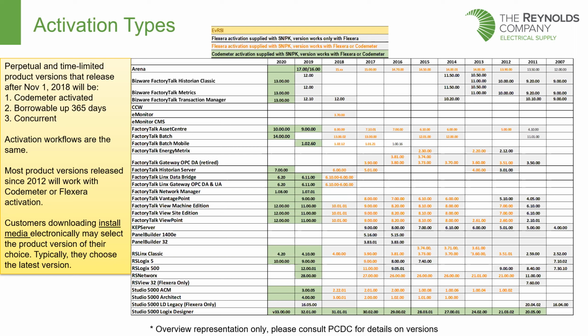So if you are kind of stuck in an in-between, with some items having legacy and some items being newer, you can potentially still use the Flexera licensing on either your activation server or solo activation on the machine itself. But everything since November 1st, 2018 by default will be a Codemeter activation. So just take note of that.